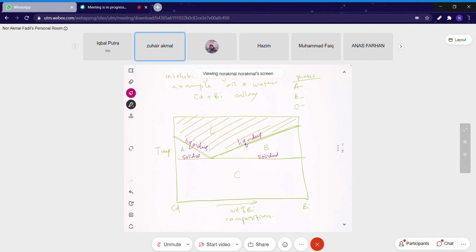Liquid plus alpha. Liquid plus alpha. Okay. What about B? Liquid plus beta. Liquid plus beta. What about C? Alpha plus beta. Alpha plus beta. So how do you get alpha and beta? Where's alpha and beta?